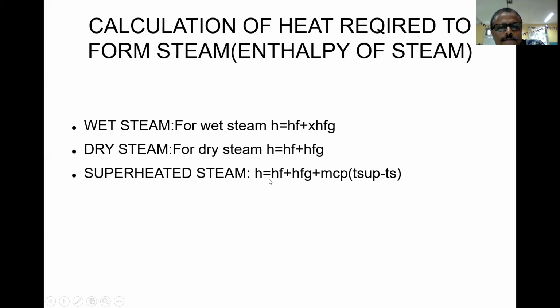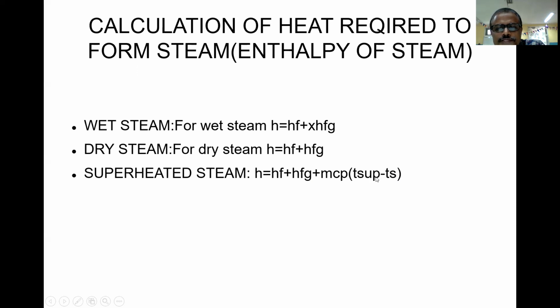For superheated steam, the heat required H is equal to hf plus hfg, that is this expression, the heat required to get dry steam, plus the mass of the water or steam into the specific heat of the superheated steam into the change in temperature. This change in temperature is T superheated minus Ts.